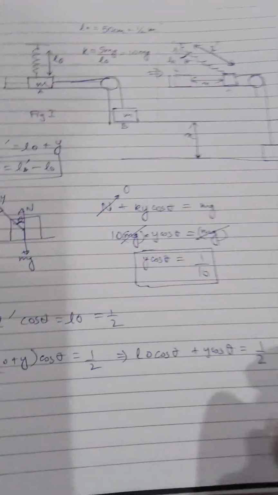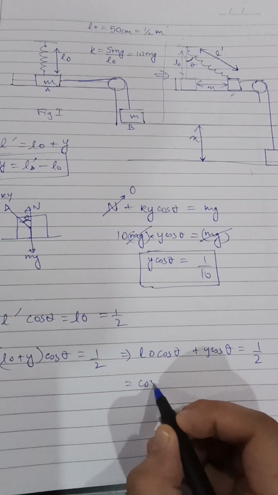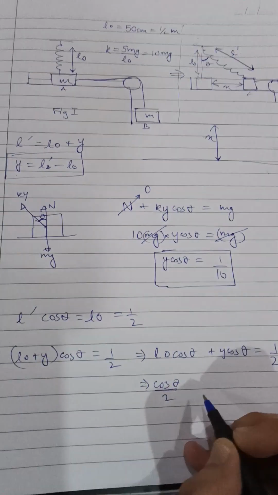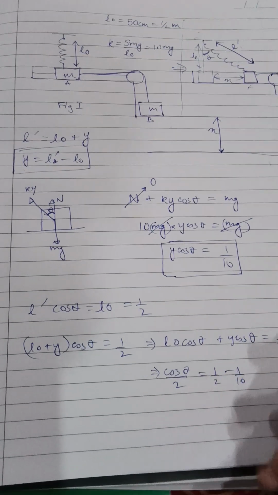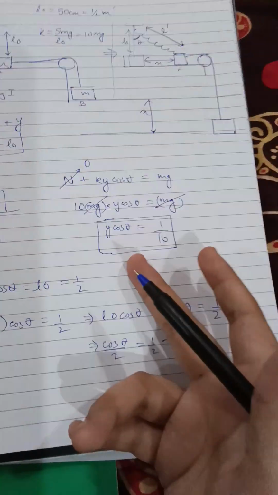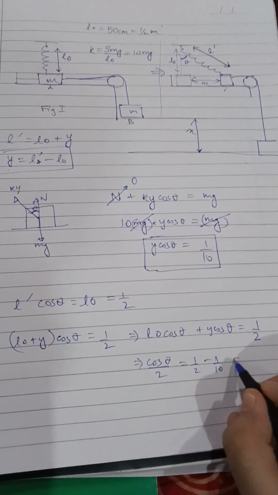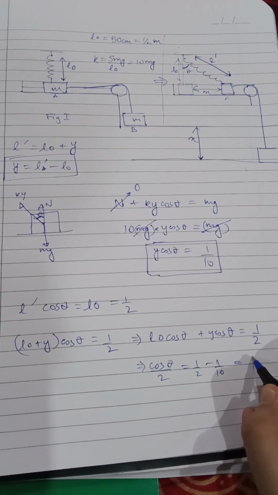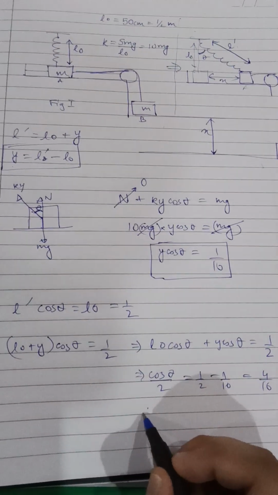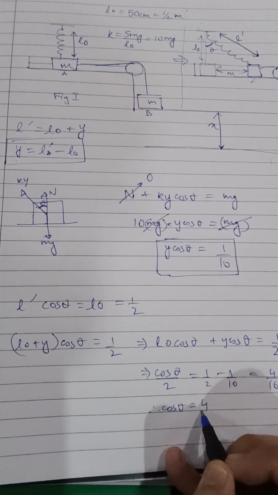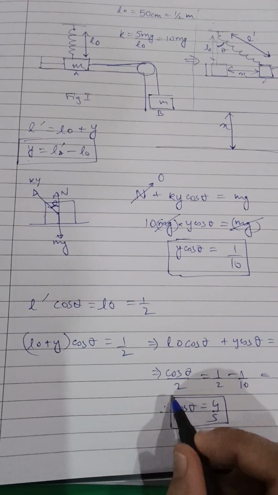So this therefore means that cos theta by 2 is equal to half minus 1 by 10, and I've put 1 by 10 directly because we know that y cos theta is 1 by 10, which is equal to 4 by 10. Therefore cos theta is equal to 4 by 5.